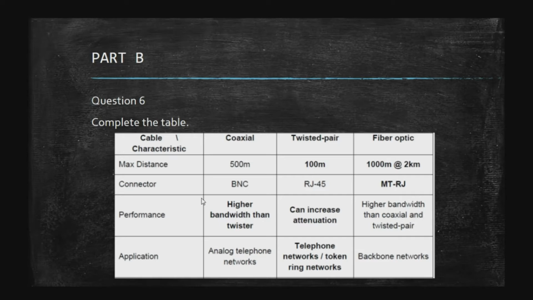In terms of the application, coaxial cable is for the analog telephone network, CATV network, and then this one is used for the backbone network. It is more on the characteristics of the cable that we have.